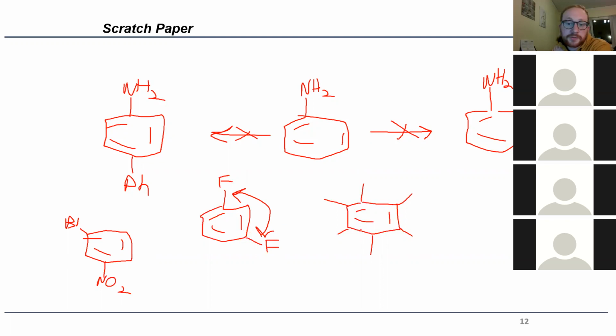For this example, it's a fully substituted benzene ring, and none of them are leaving groups, so it's good at neither. In this example, bromide is not a good leaving group for nucleophilic aromatic substitution, and it's situated meta from our electron withdrawing group. So it's not a good substrate.